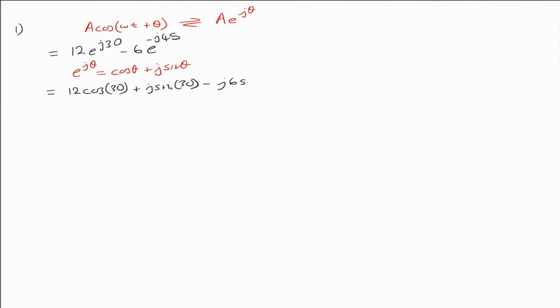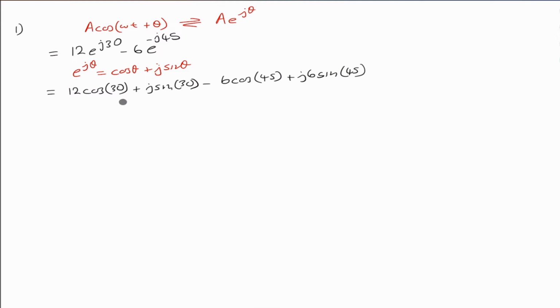We forgot our j there, my bad. You can list the cosine or the sine first, but I should have put a j in. So that should have just been 6 cosine of 45 plus j 6 sine of 45.